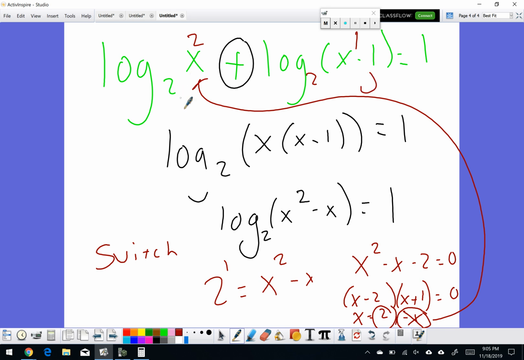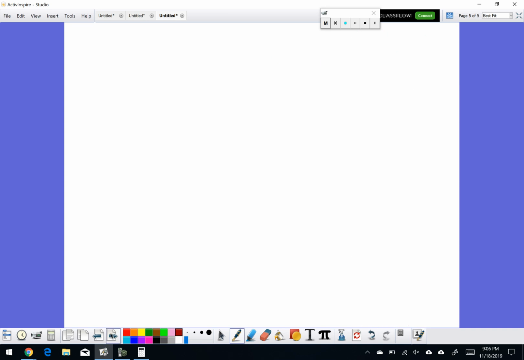Log base 2 of 2 is 1. 1 plus 0 is 1. It checks out. You always want to check your answers, especially because that negative 1 made this not possible. Even right here it's not possible because I'd have negative 1 minus 1, and that's not possible. So just make sure that you always check your work. Okay? Next. Let's try this one.